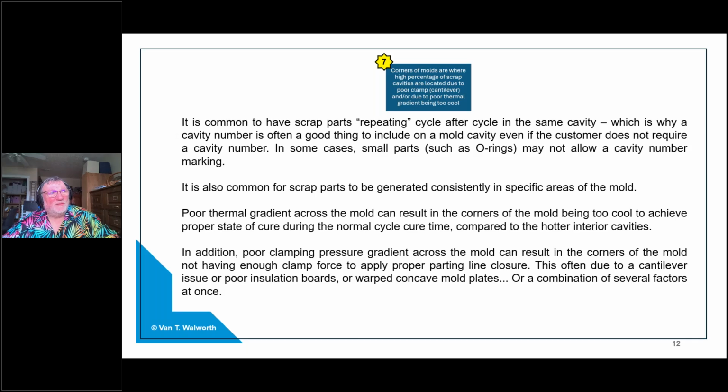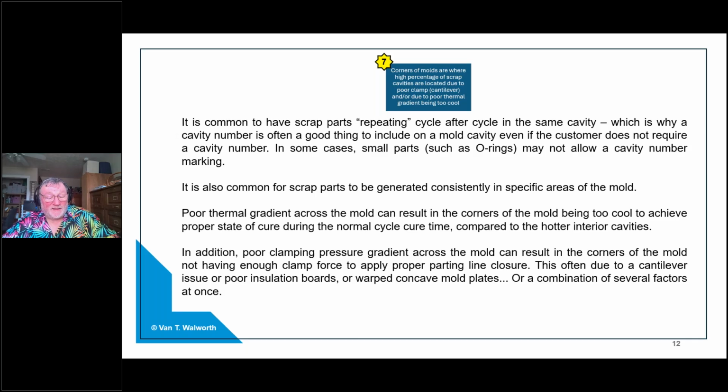It's also possible that because of cantilever force, something I talk about in my books, and I'm not going to be able to talk about it on here, if we're not supporting the corners of the press from underneath with the ram, and the structure of the bolster and the structure of the platens, then those corners can flex and come apart and not hold a thin parting line. And so generally, if you have thick parting lines in the corners of the mold, it usually means that you have a cantilever problem. It's a poor force distribution problem.